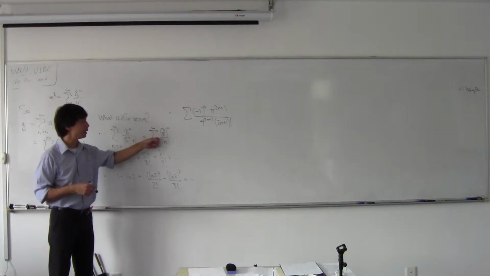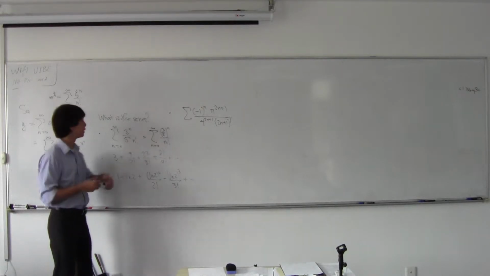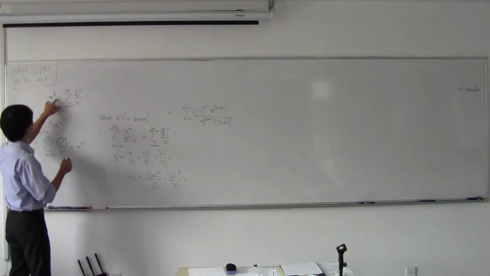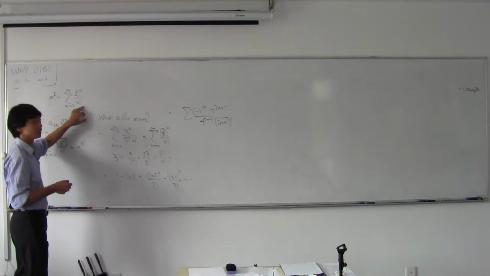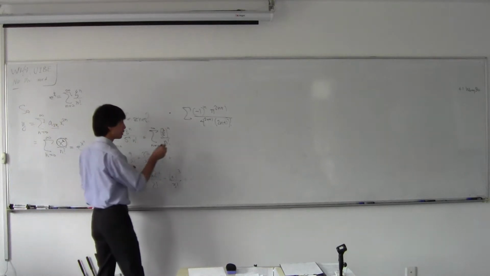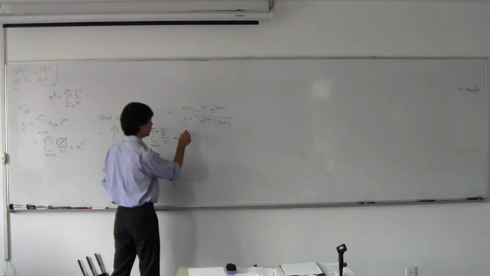So remember, this is something to the n over n factorial. The sum of blah to the n over n factorial. Right? So remember, e to the blah is the sum of blah to the n over n factorial. So what's this? This is going to be e to the 3 over 5.